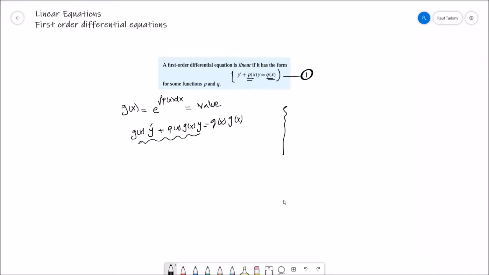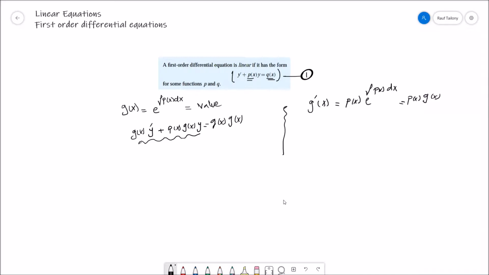Now if we take on the side the derivative of the function g of x, so g prime of x, which is e to the power of the integration of p of x dx, the derivative of this function equals p of x e to the power of the integration of p of x dx, which is p of x g of x basically.